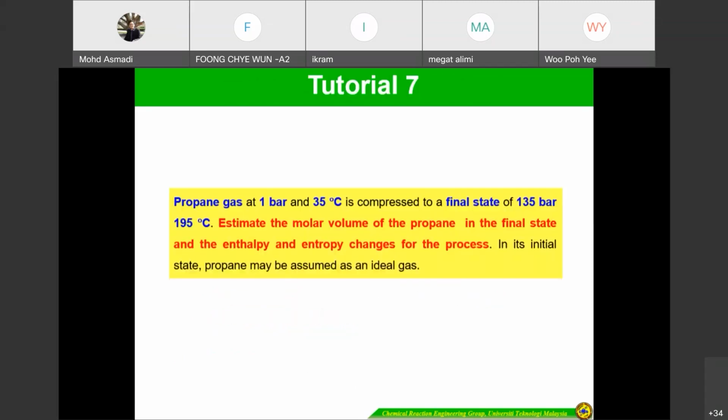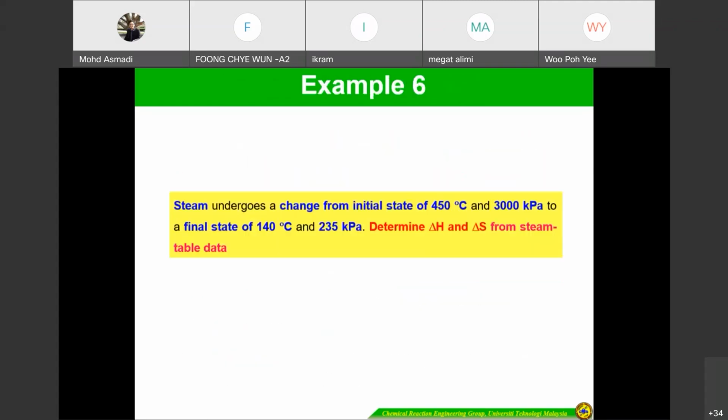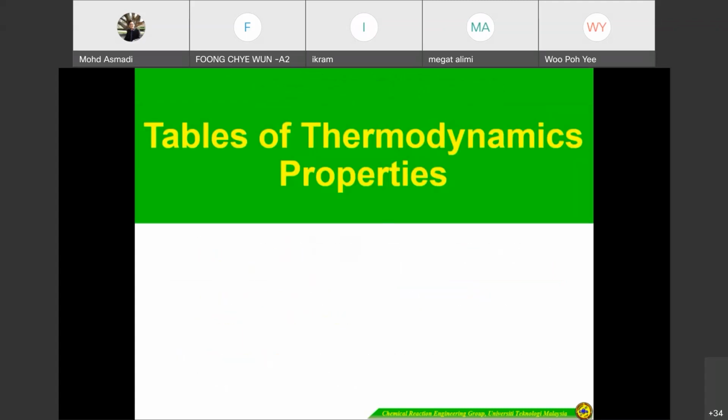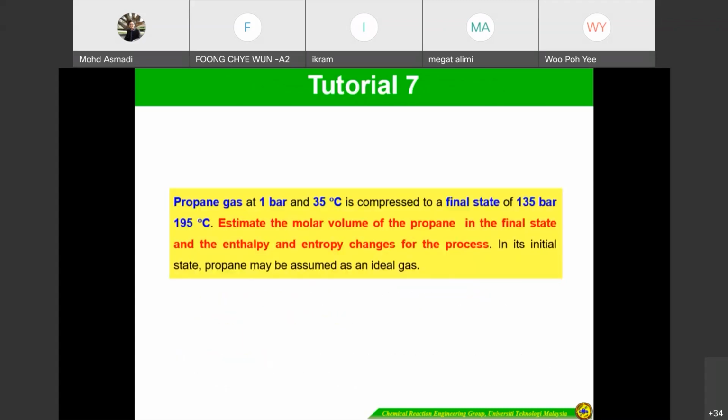So before we stop, let's see which example is good. Okay, this one. Propane gas. Let's do this one.